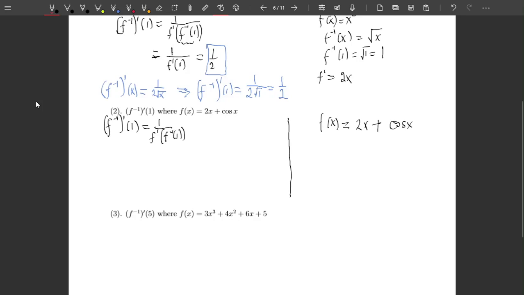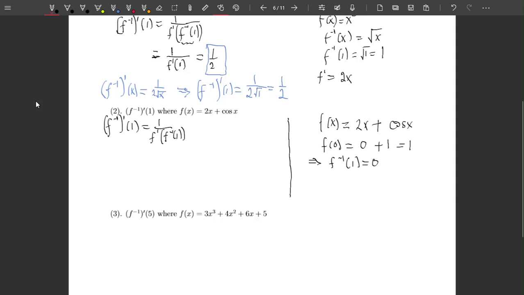Well, notice here that my f of 0 is equal to 2 times 0, which is 0, plus cosine of 0, which is 1. That tells me that my f of 0 is equal to 1. So therefore, my f inverse of 1 would be equal to 0 by definition of inverse function. So we got this by observation.